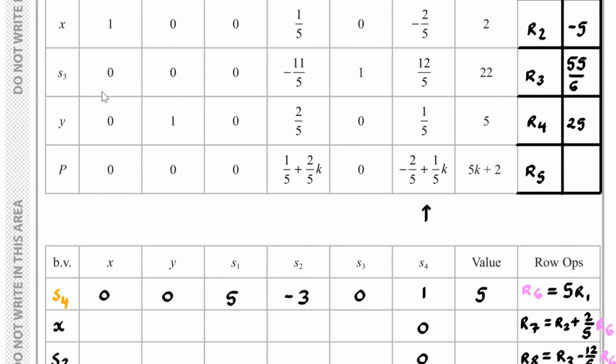So if we do that, we've got 1 plus 2/5 of 0, which is 1. Then we've got 0 plus 2/5 of 0, which is 0. Then we've got 0 plus 2/5 of 5, which is 2. Then we've got 1/5 plus 2/5 of minus 3, which is minus 1. Then we've got 0 plus 2/5 of 0. And then we've got 2 plus 2/5 of 5, which is 4.